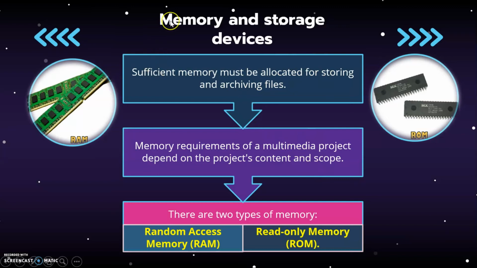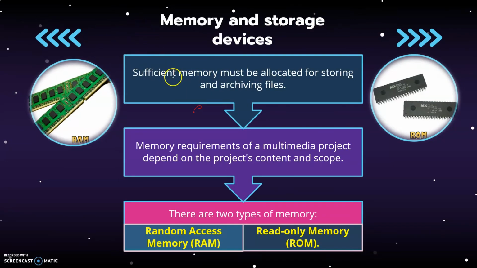So here are memory and storage devices. When we are trying to develop a multimedia project, it is important for us to allocate enough memory for our project to run on.